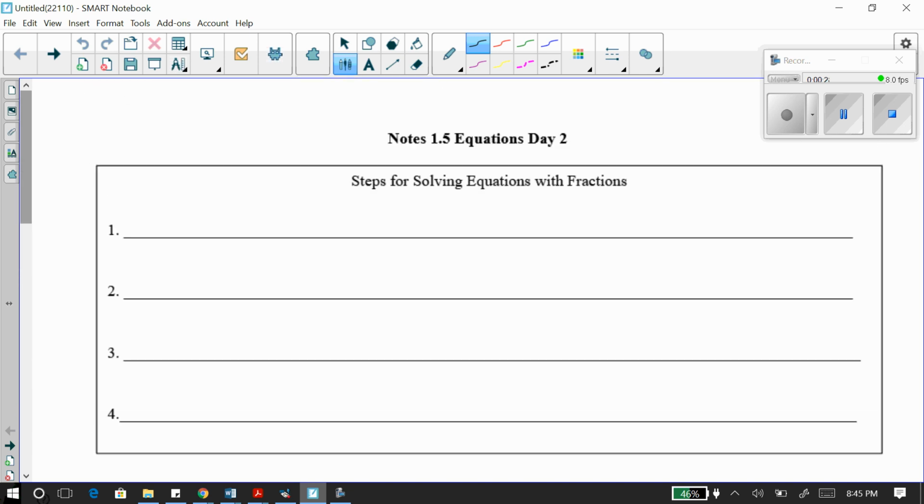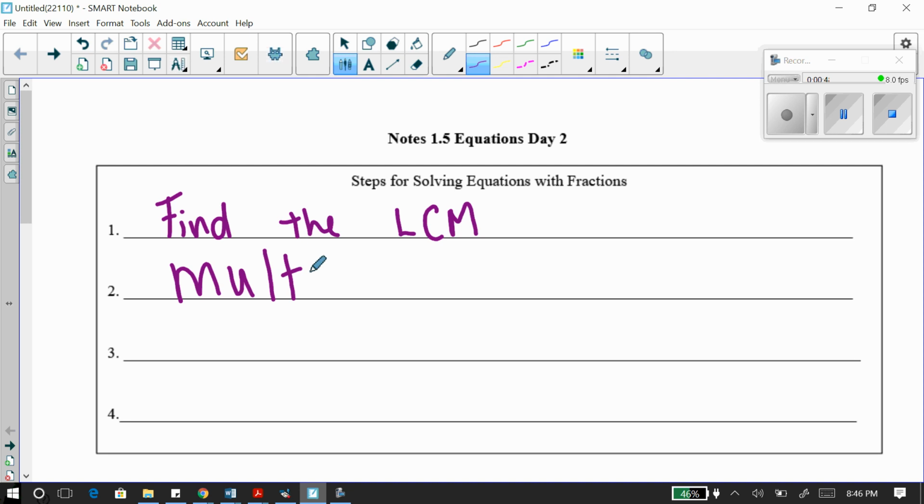Now there were 4 steps to solving these last year that we learned. Step 1 was to find the least common multiple. And remember, you do that in the calculator, and I'll show you how to do that when we do an example. Step 2 was you multiply. Again, just write these down, and it'll all come back to you when we do an example together. 3, we cross out.